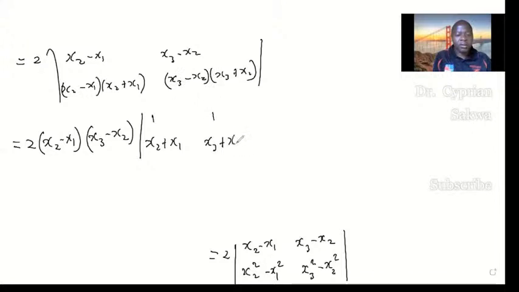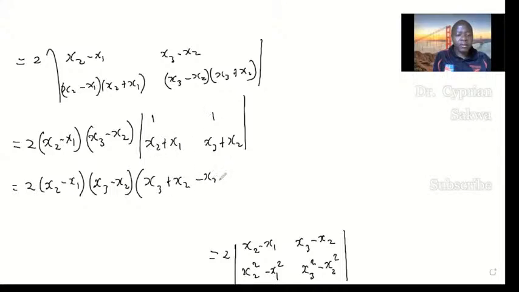So I can now find the determinant of this matrix. So what I have is 2 into x2 minus x1, x3 minus x2. What about this other one? This other one will be this minus that, which is x3 plus x2 minus x2 minus x1.